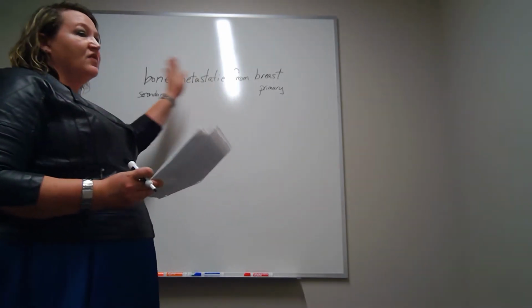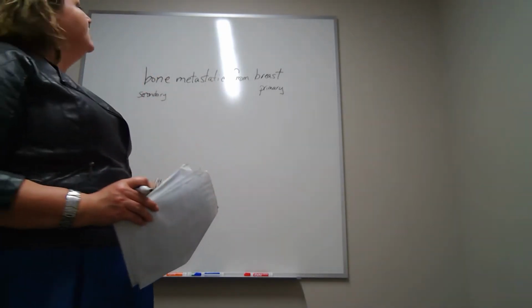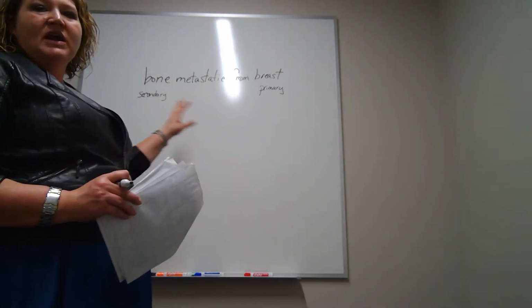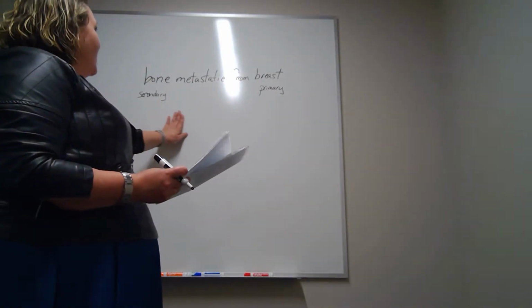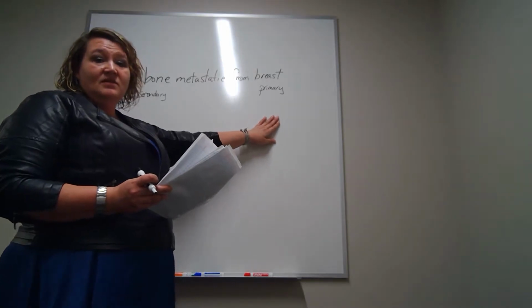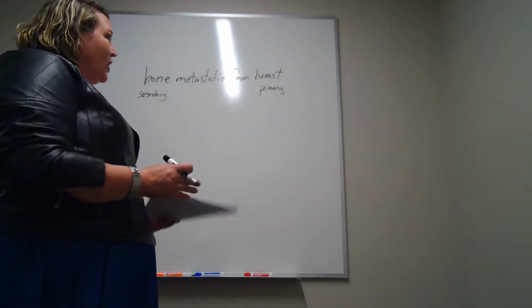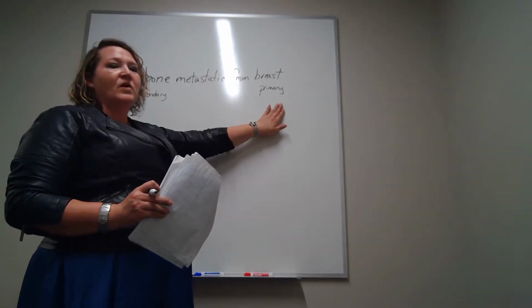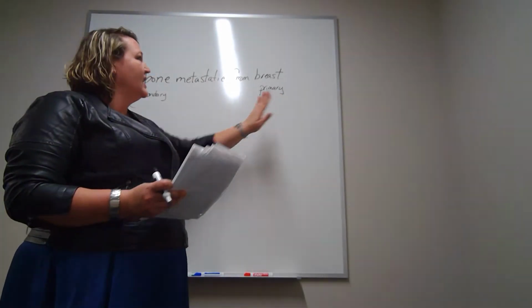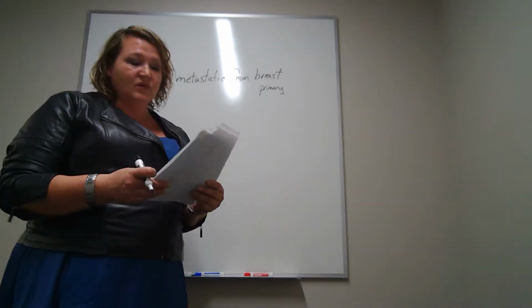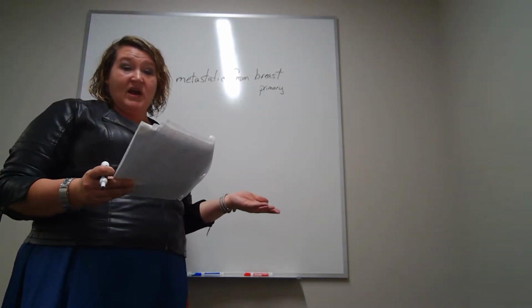If it comes from or if it's going to, that's going to tell you what's your primary and what's your secondary. So in this case, you have bone metastatic from the breast. When we are coding it, the breast is going to be our primary code. So we are going to look in our table at the breast.